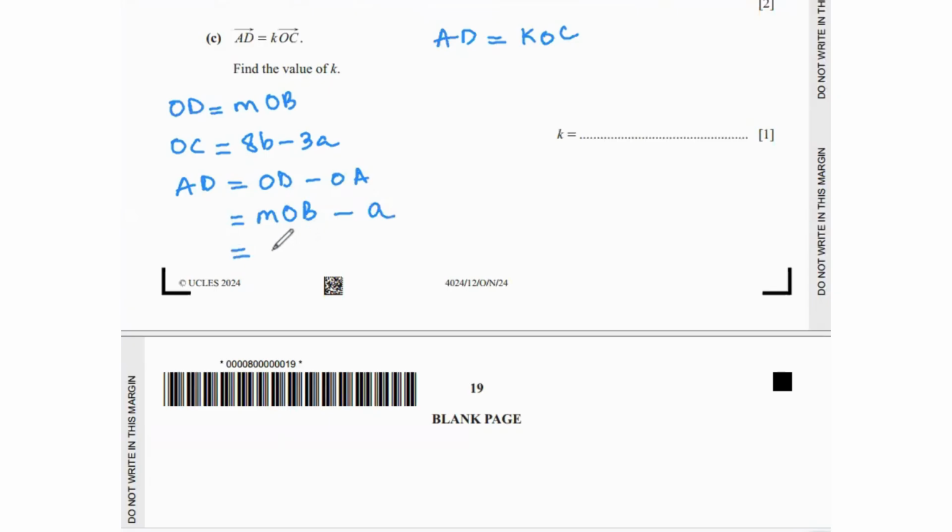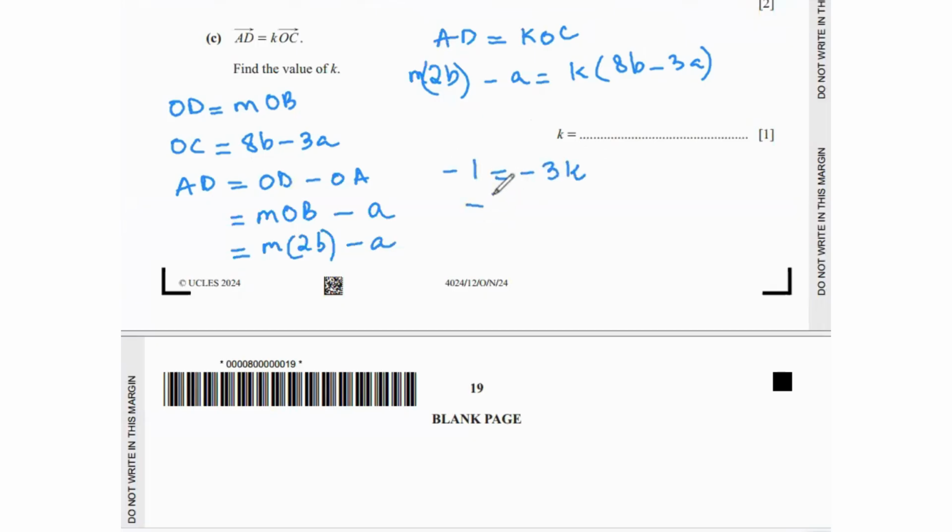Now OB was 2b, so m times 2b minus a is AD, which means m times 2b minus a equals k times 8b minus 3a. So now we'll put the coefficients of a equal to each other and the coefficients of b equal to each other. So for a it's going to be -1 equals -3k, where -1 over -3 equals k, and that is 1 over 3. So as you can see, k would equal 1 over 3, and that's your answer.